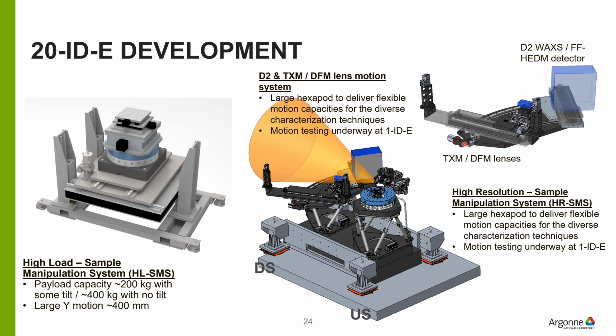When it's not in use, it'll have a TXM DFM lens stack that can be in the TXM configuration in the direct beam, or, using the hexapod again at the bottom of this structure, you can manipulate this TXM lens into the dark field microscopy configuration. This will be quite a novel design, and our lead engineer Sunil Bean has been working tirelessly on this. Very excited to see this come to real life and to test it, use it, and provide it for the users.